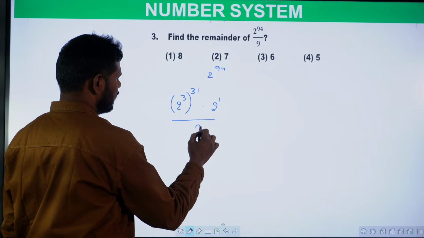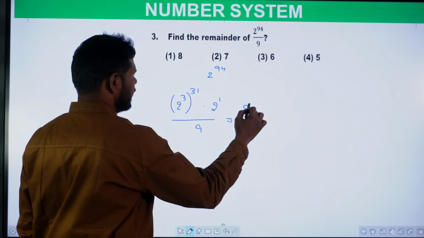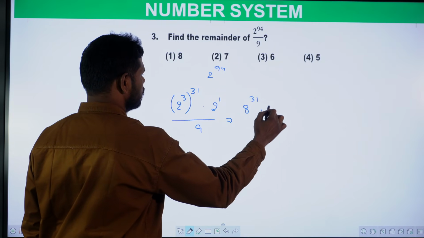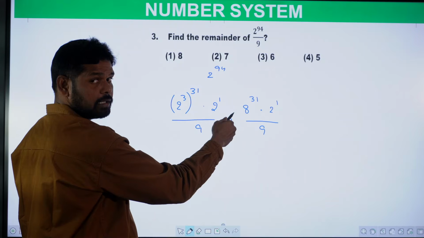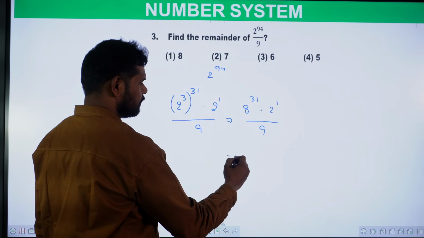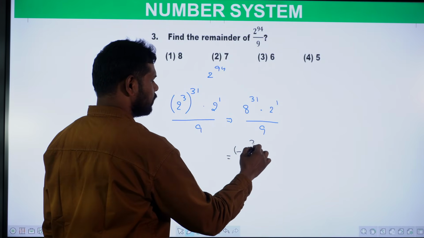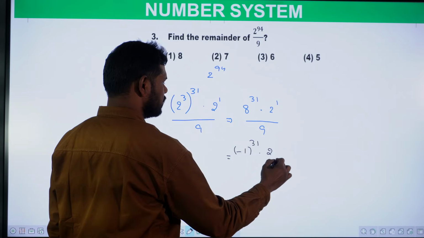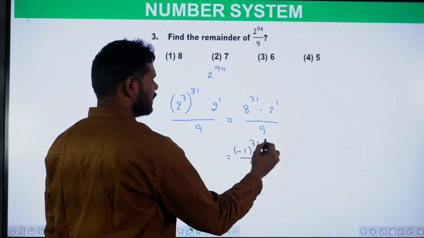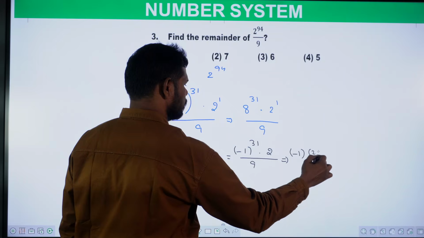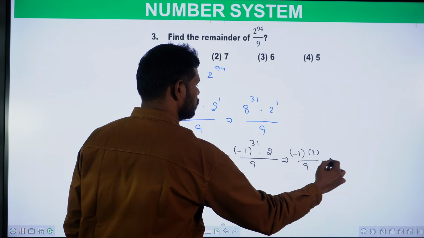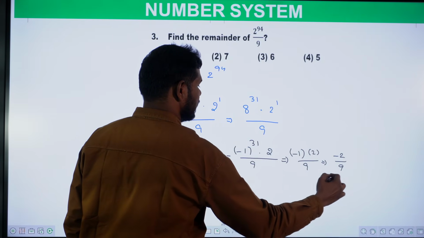Nothing but 2 cube, that is 8 power 31 into 2 power 1, by 9. Here 9 ones are 9, so the remainder is minus 1. Minus 1 whole power 31 into 2 divided by 9 means minus 1 into 2, minus 2 by 9. What is the remainder?